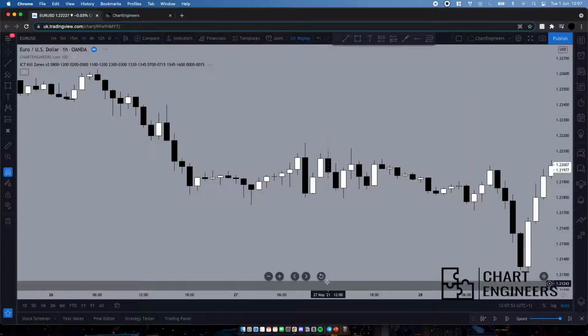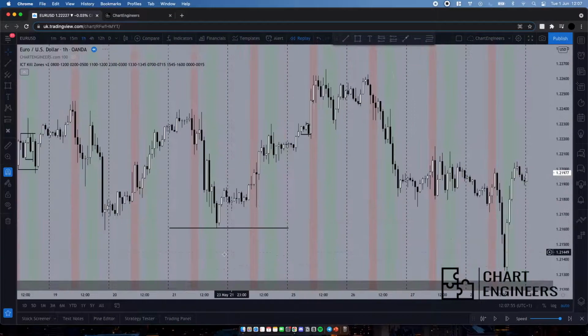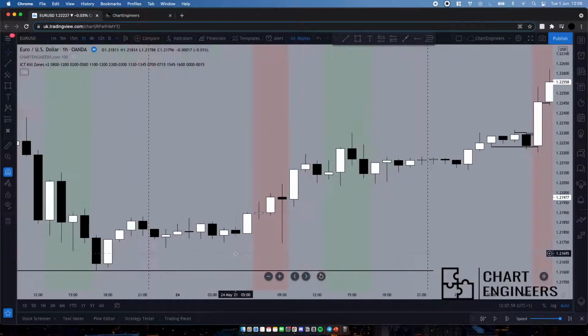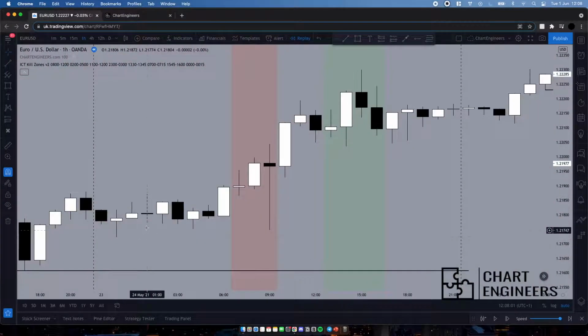Then I went down to the H1, and we had no raids. We had no liquidity raids to the bottom side except over here, which was during London.